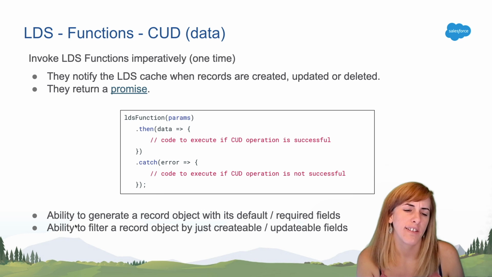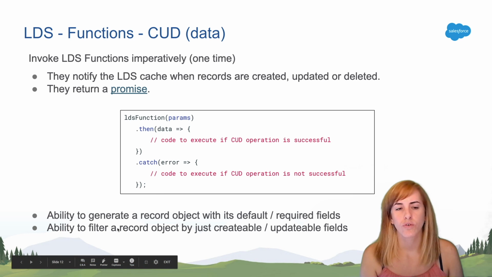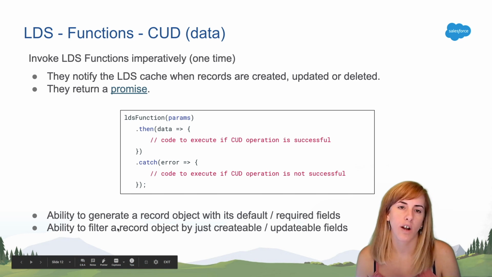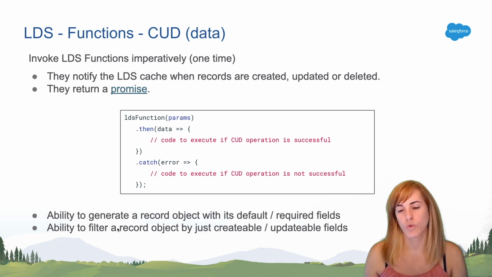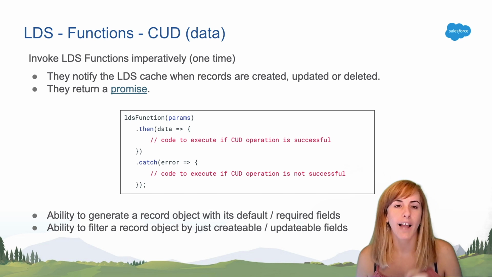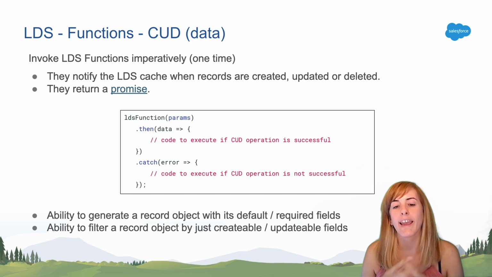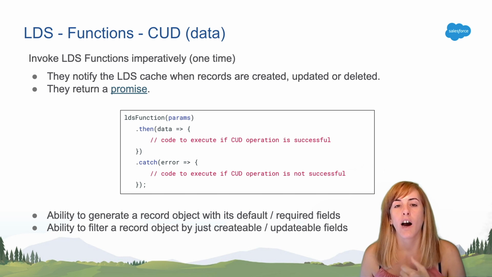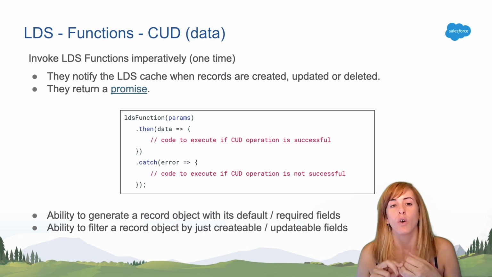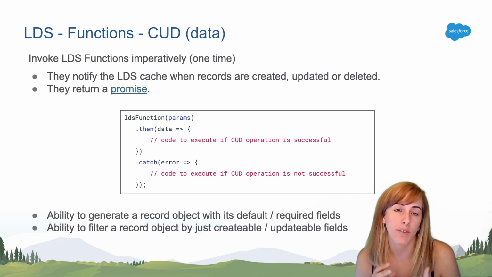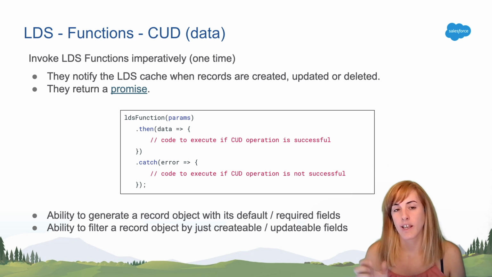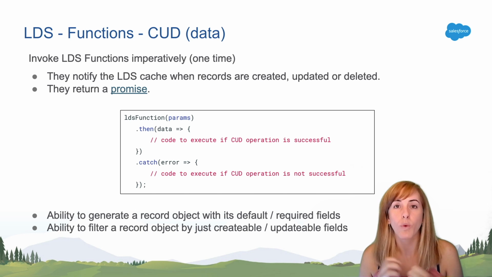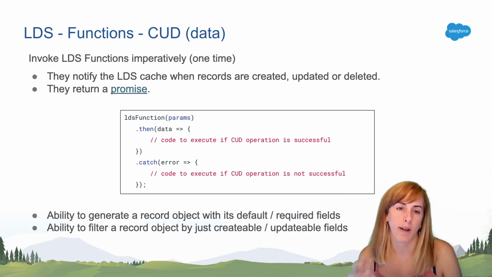Also, I added here two notes because normally when you create or update records, you want to create a form first, and there is a way in which you can get the information of which fields are required, or which fields have default values, or which fields are creatable or updatable by the current user.